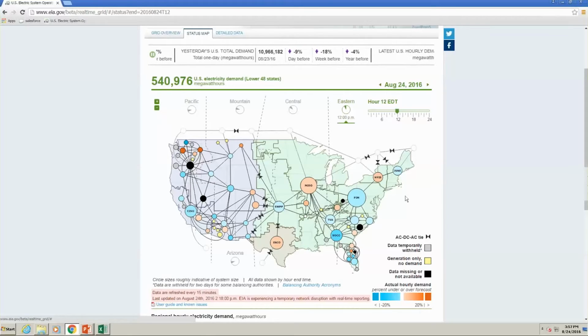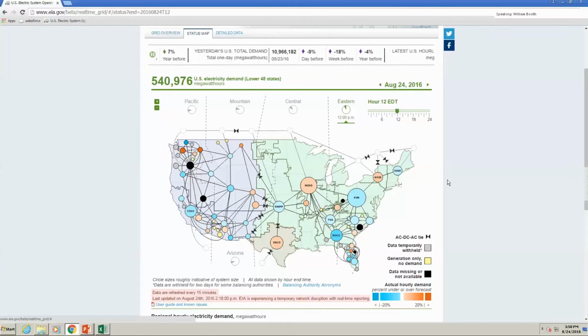Some of the smaller circles on the map, if we were to do it based on their peak demand, you probably wouldn't see them, or they'd be dots. So it's, as I said, just rough. The lines between the circles reflect one or more physical transmission connections between the systems. So if two circles don't have a line between them, that means they're not directly connected with each other.